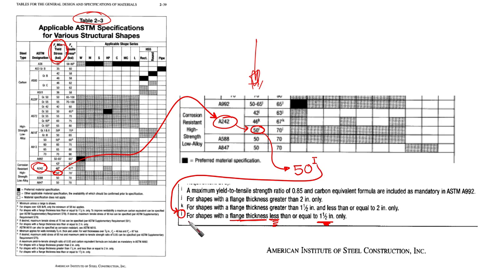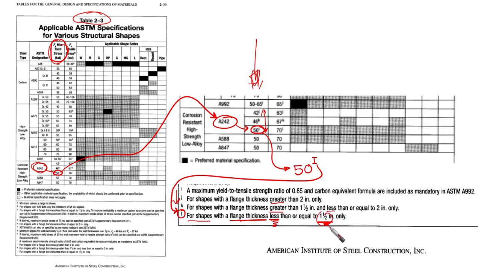This means that it is for shapes with a flange thickness less than or equal to 1.5 inch only, because these values are related to the flange thickness. So we have different values for shapes with thickness greater than and less than 1.5 inch, and here it is less than.